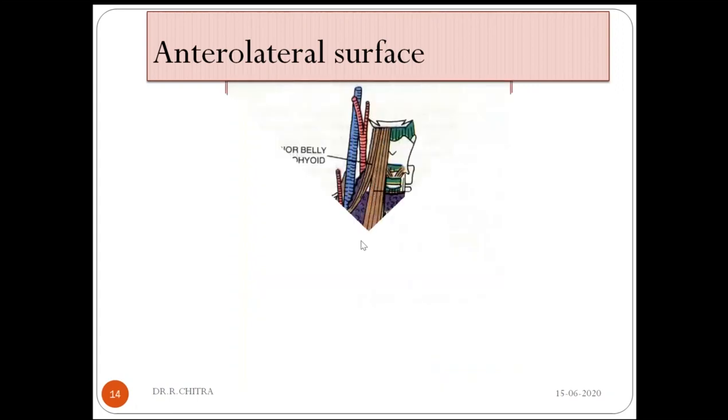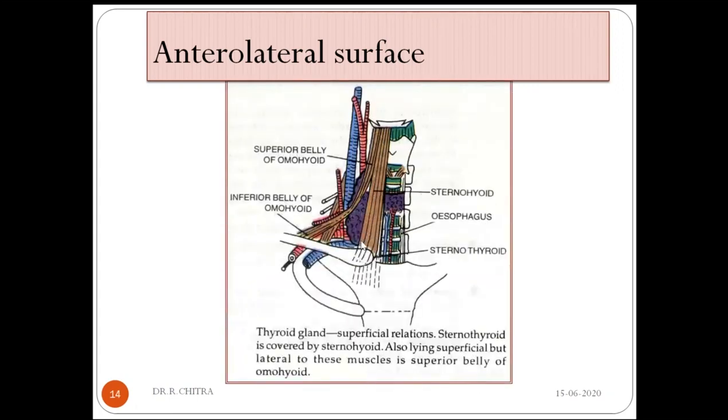Next muscle. Next to sternothyroid, you have another muscle which covers this gland, the sternohyoid muscle. So this is sternothyroid and this is the sternohyoid and the superior belly of omohyoid.